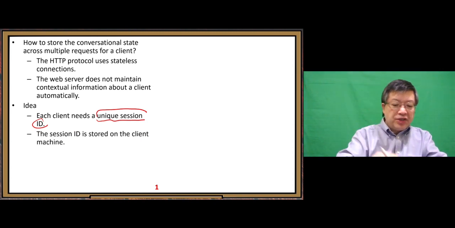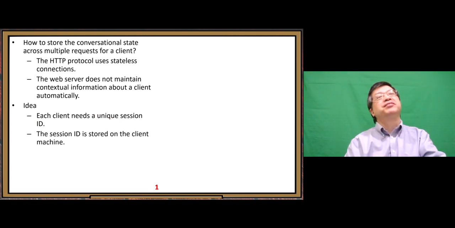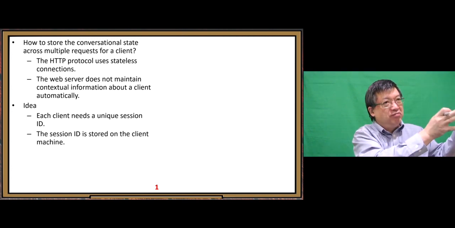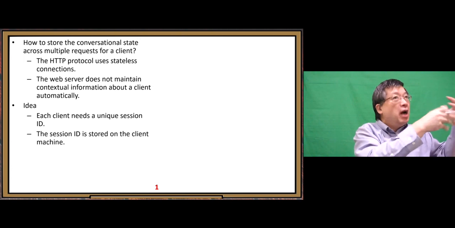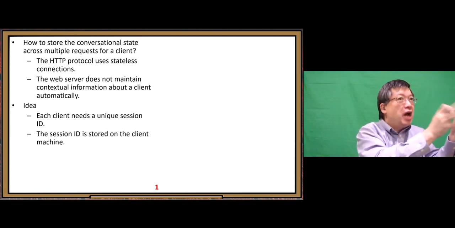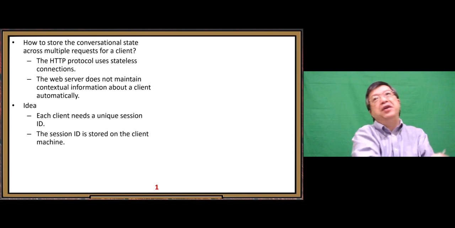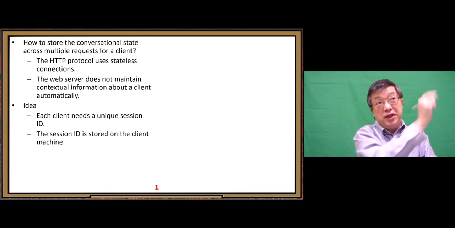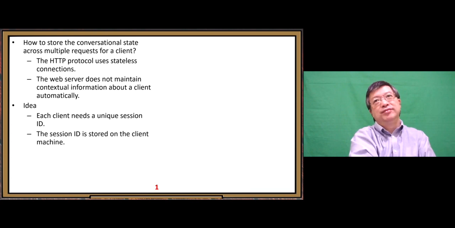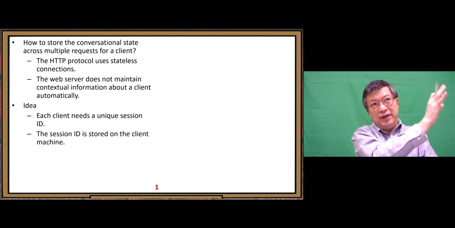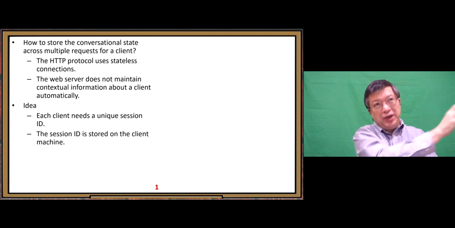The session ID is stored on the client machine. It has to be stored on the client machine. Otherwise, how do you attach the session ID to that particular client? Because it is stored in the client machine, with that unique ID.